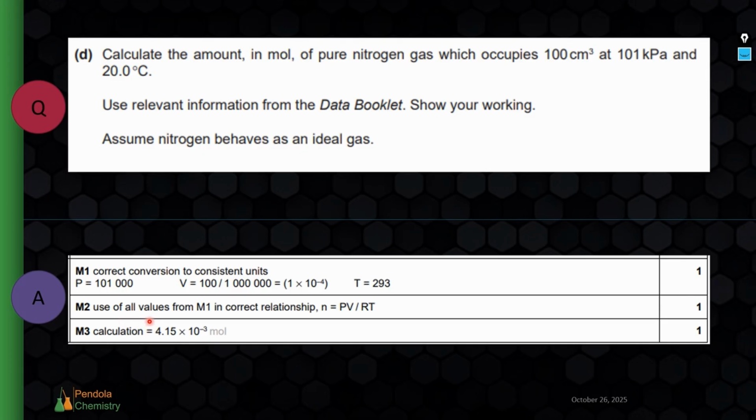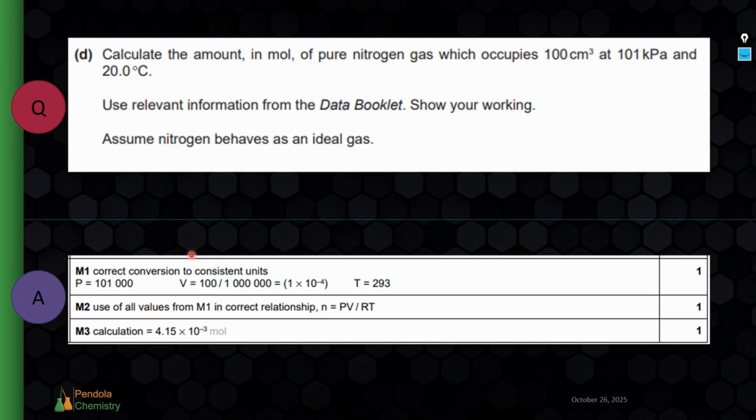We then get another point for using those values in the PV equals nRT equation. And then we finally get a point for the correct answer. So you can see how, with a very simple equation, as long as we remember the proper units we need to use, it becomes very straightforward and easy to get all 3 points in this answer.